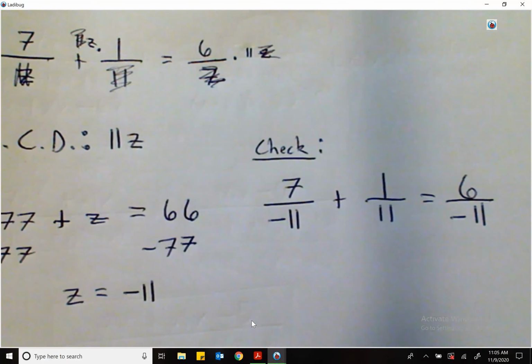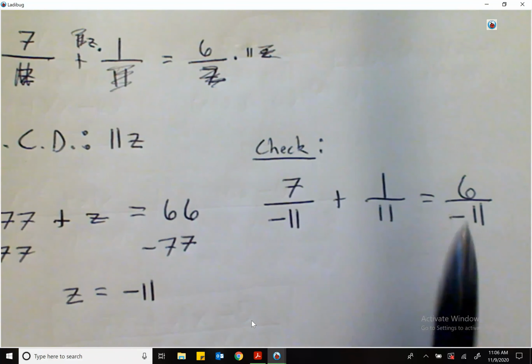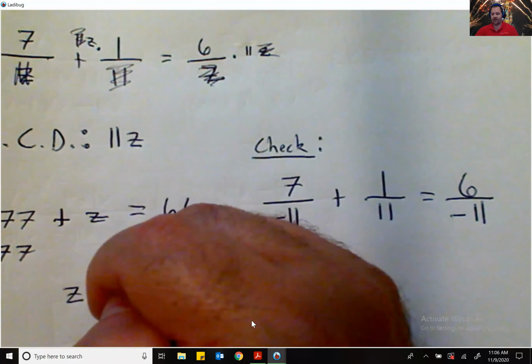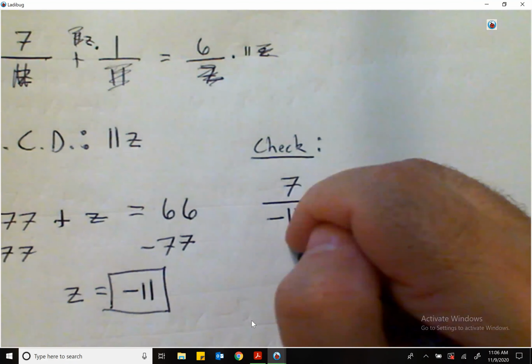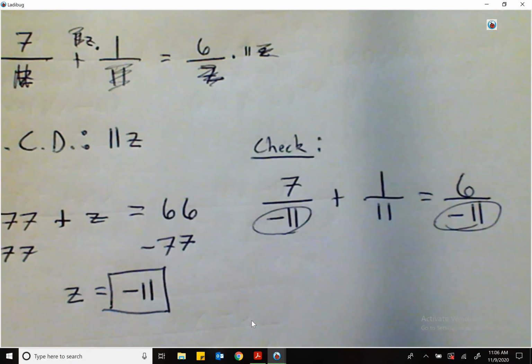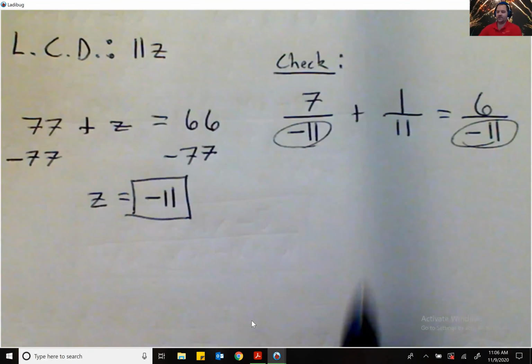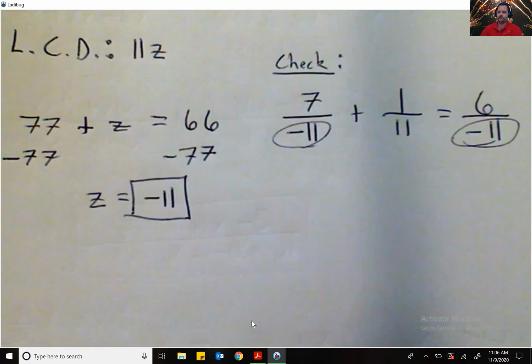Do any of these equal 0? Nope. So this answer is just fine, because this is not 0. This is not 0. That's what you're checking. Since these two were not 0, this answer is good. Checks.